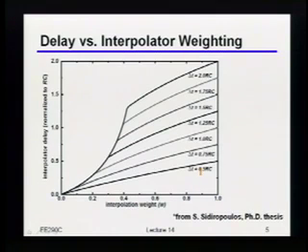Unfortunately, this is a slightly confusing plot, but what's being fixed here is the RC and not the delta t. So if delta t is 0.5 RC and I put all of the weight onto that second one, then my delay would also be 0.5 RC, right? Similarly, if I put all of my weight on the second one and my delta t is 0.75 RC, the delay is 0.75, okay?